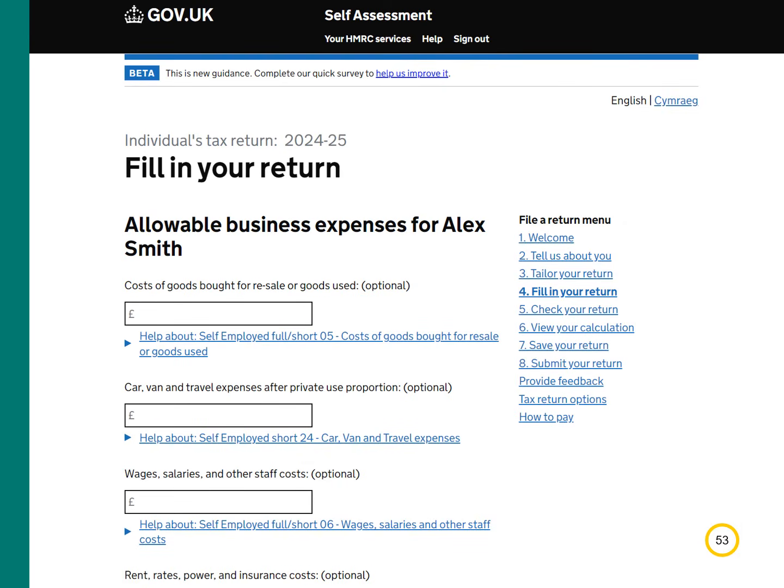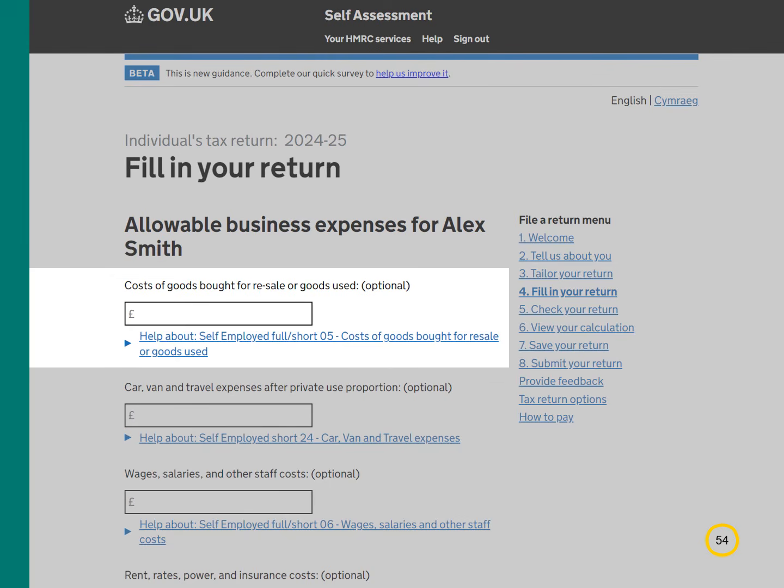If you choose a detailed breakdown, then save and continue. This is the next page to complete. There are different boxes for the different types of expenses. The Help About guidance for each box tells you what to include. For many of the questions, it's clear what you need to include, but let's look at some.